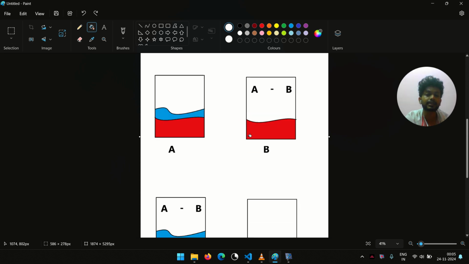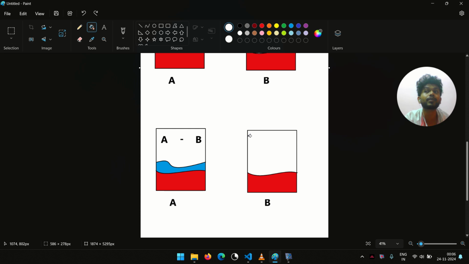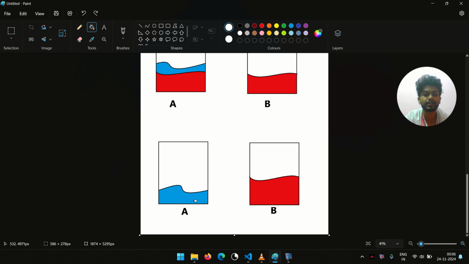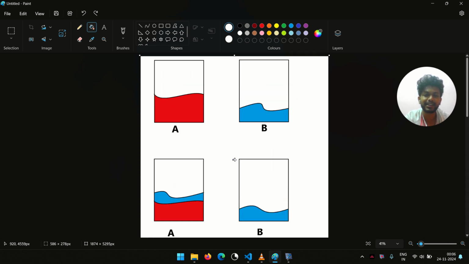Next step is we subtract whatever is in A from whatever is in B and save it to B. I know it's sounding very complicated and abstract, but you have seen how we have done it. Next step, we repeat the same thing with A. We subtract whatever is in B from whatever is in A, and we will be left with blue water, and the values have been switched. Ta-da.